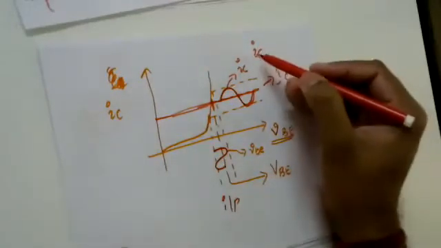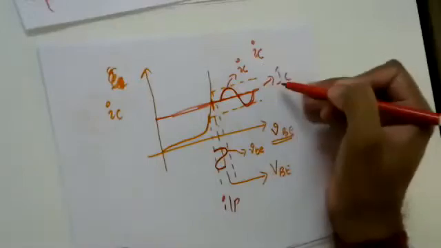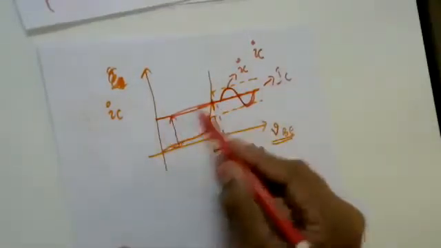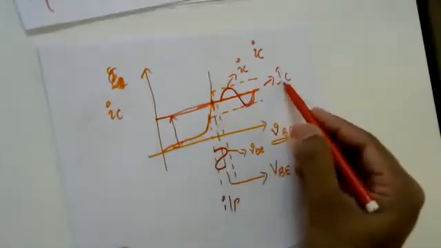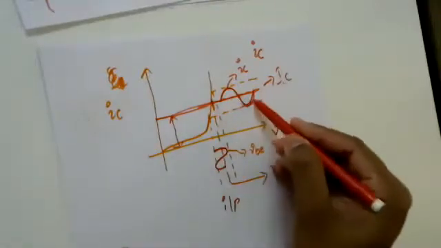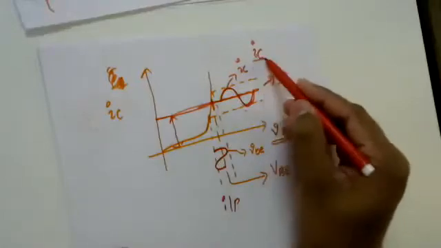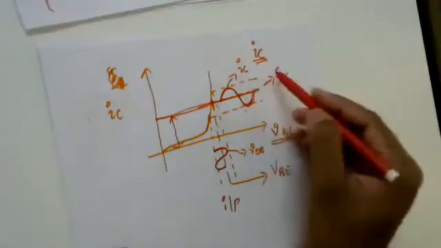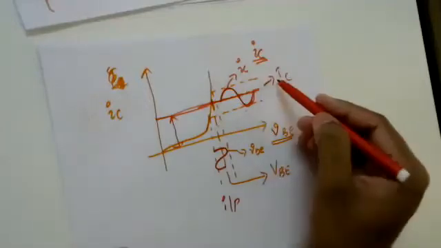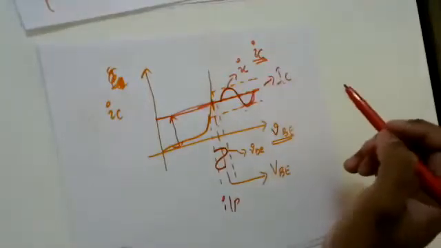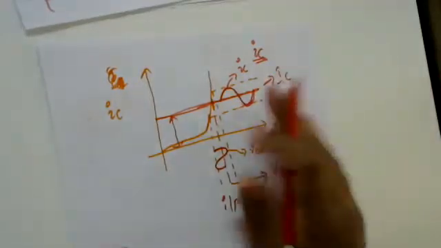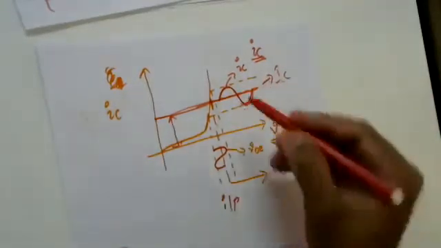This indicates a DC component IC, this indicates your AC component, and this talks about a combination of both AC and DC. Now if I take a slope of this, how do you define the slope?